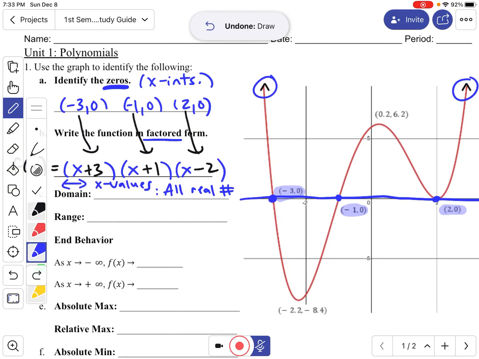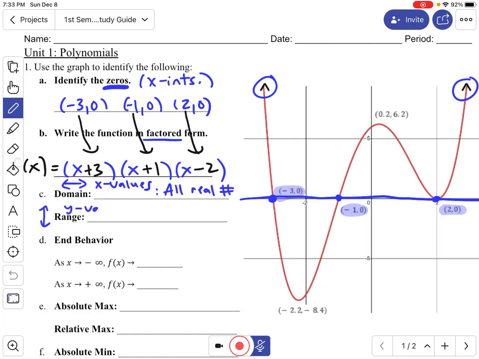Now the range is going to be the up and down direction, which are the y values. In this case, it looks like this graph does go up forever, but the furthest down it goes is down here. So that'll be the lowest point. That is called the minimum.